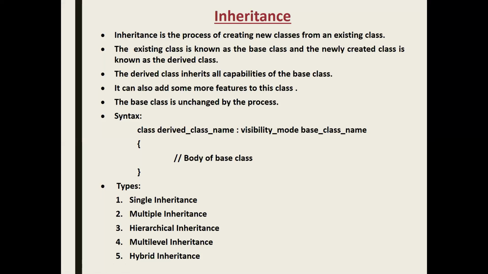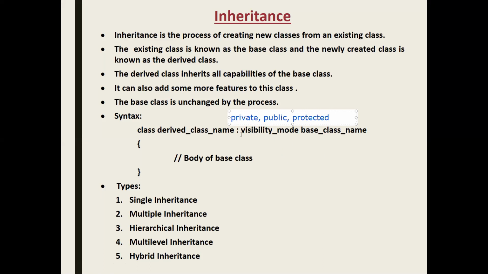This is the structure that has to be used to achieve inheritance. That is the derived class name, colon, and then the visibility mode, and then the base class name. The visibility mode can be private, public or protected.